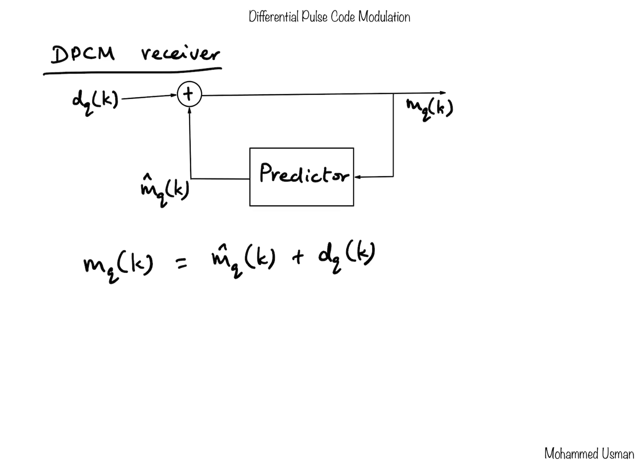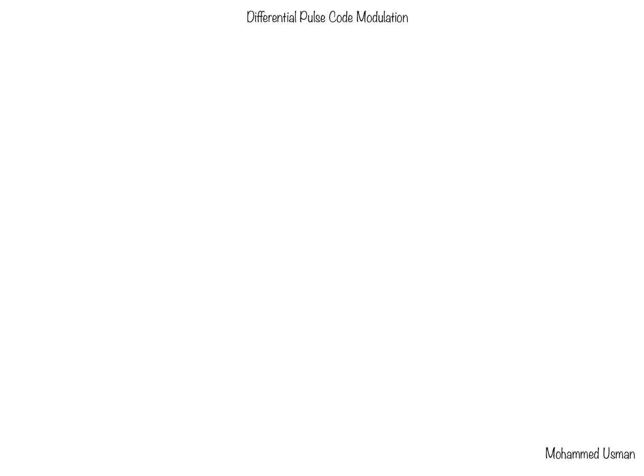We need to say how much is the gain that we're getting by using this DPCM system as compared to the normal pulse code modulation system. So we call that SNR improvement in DPCM, which we will see now.